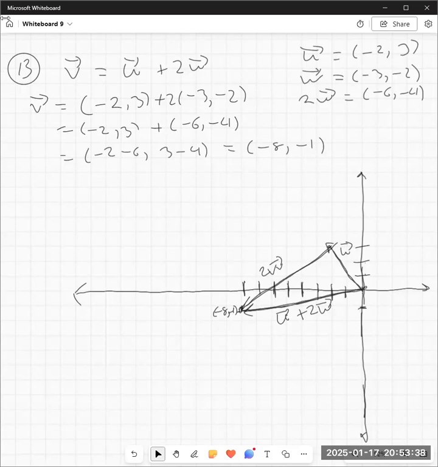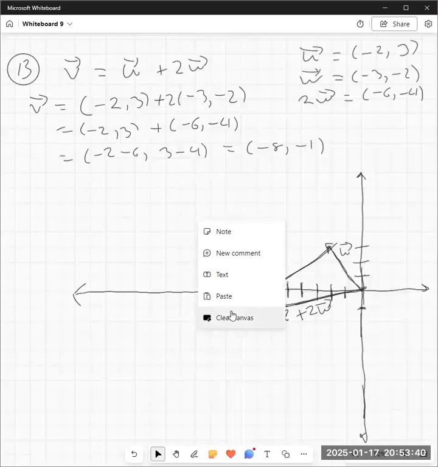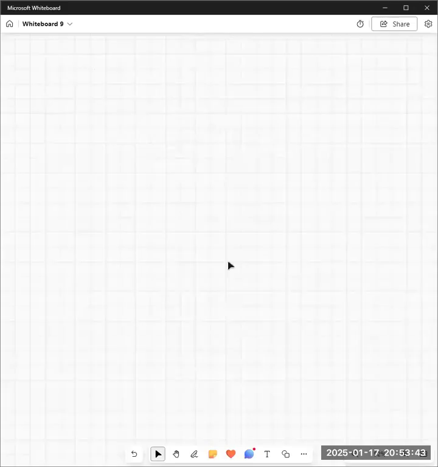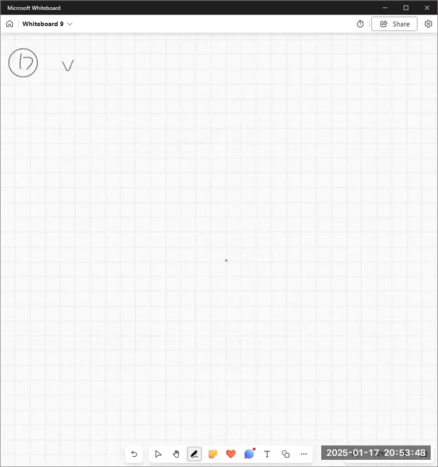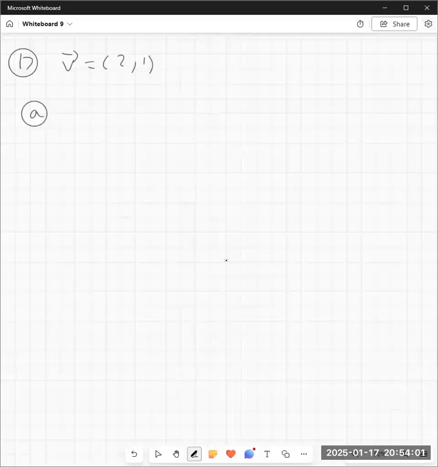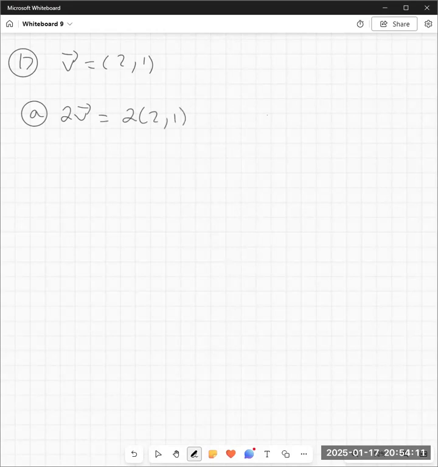Next problem we're looking at will be number 17. Number 17 says that v is equal to 2, 1. And part A asks us to find 2v, which is 2 times 2, 1, which is 4, 2.